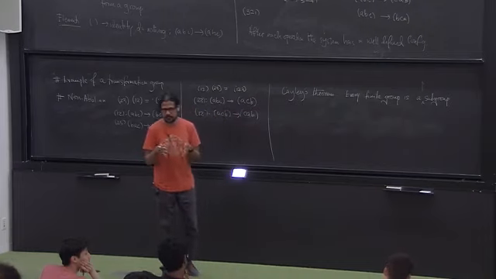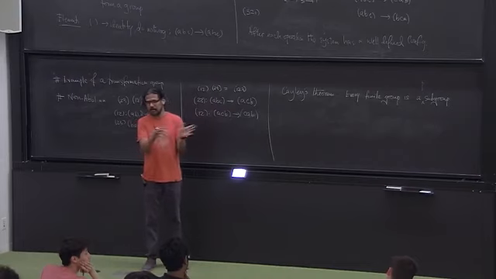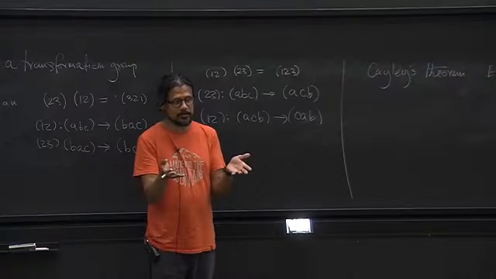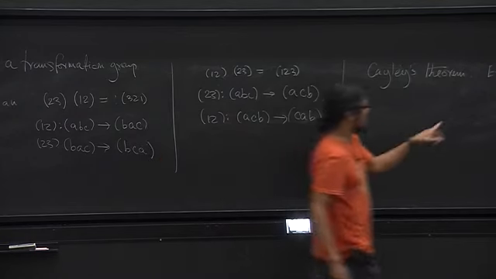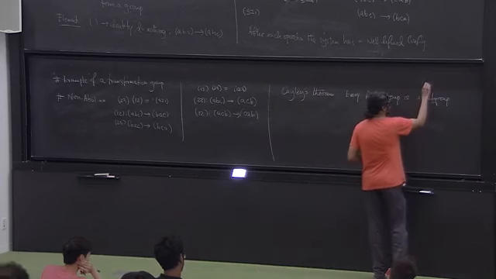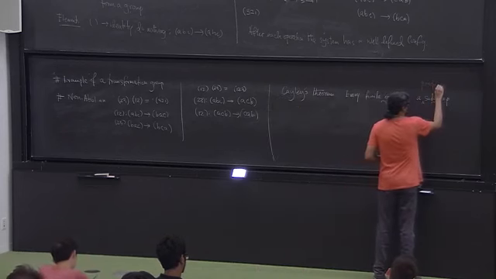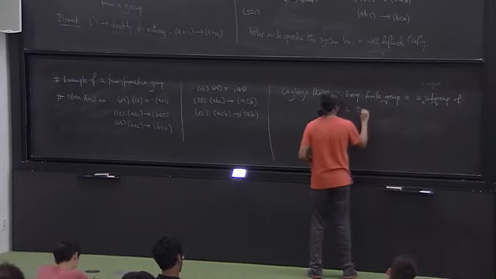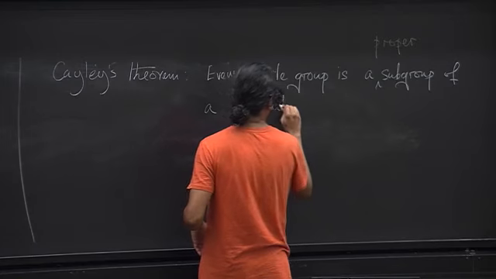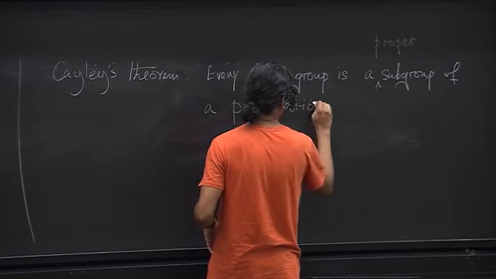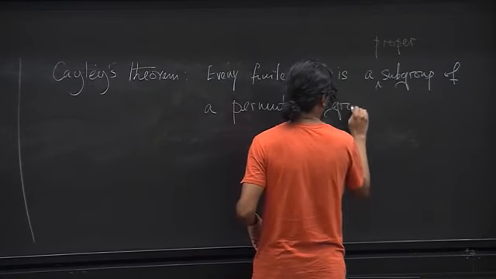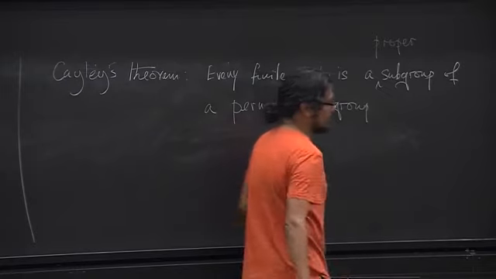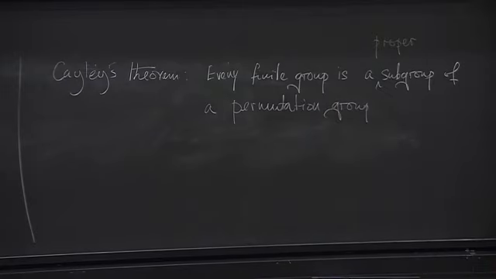If there's a subgroup, a subset apart from these two, that forms a subgroup, that's a proper subgroup. And I think every finite group is a proper subgroup of a permutation group. And you can look up the proof.